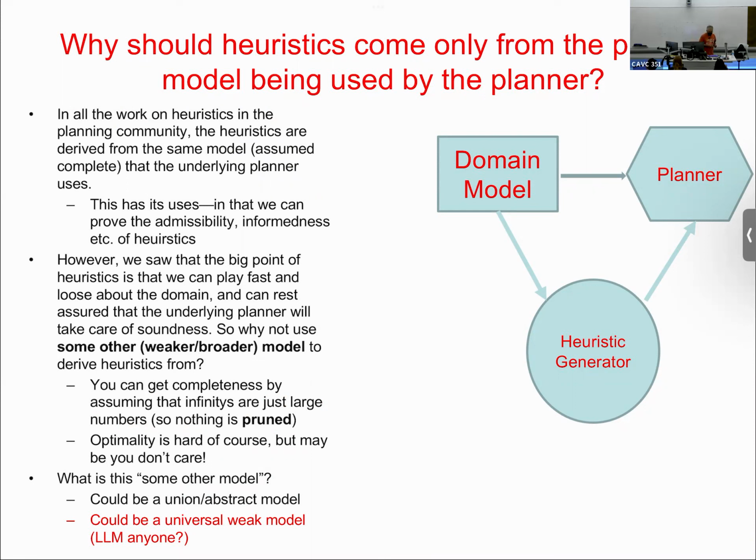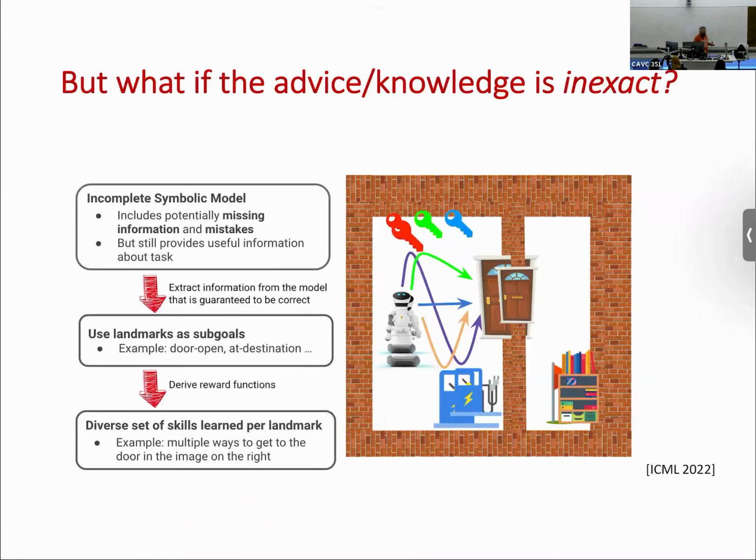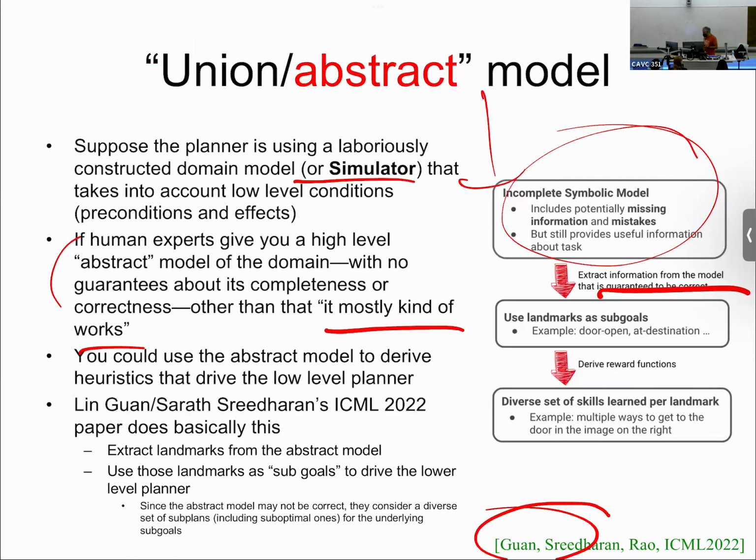The other part is, I could be a union abstract model where I'm getting a heuristic. In fact, interestingly, the incomplete model that the human gives, the incorrect incomplete model, has not really any restrictions, because they were interested in proving a theorem. In fact, they said under certain conditions, it will at least be complete, modulo you live long enough for the search to complete.